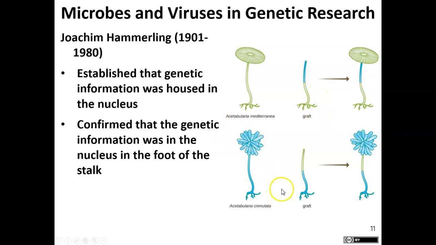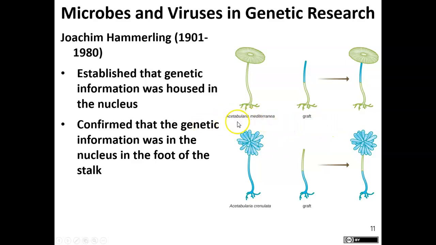And so what happened was, if he grafted the foot of the Acetabularia crenulata onto the stalk of the mediterranea, the flower, or the cap, would become the cap of the same Acetabularia crenulata that the foot was.